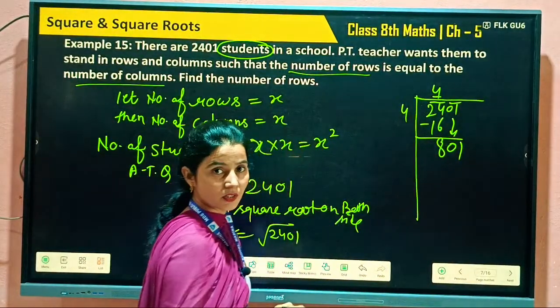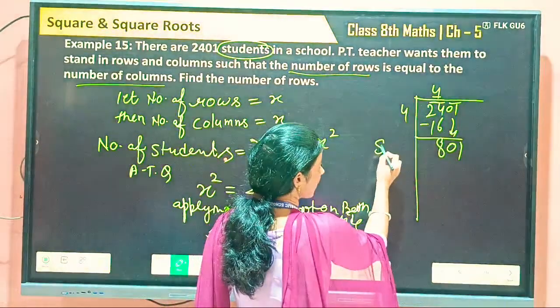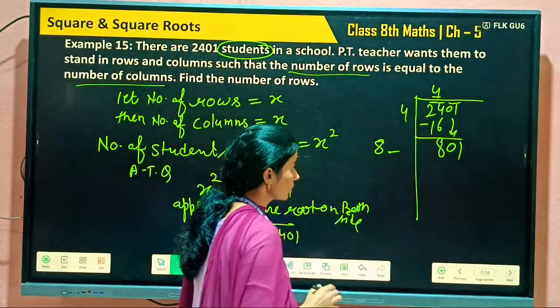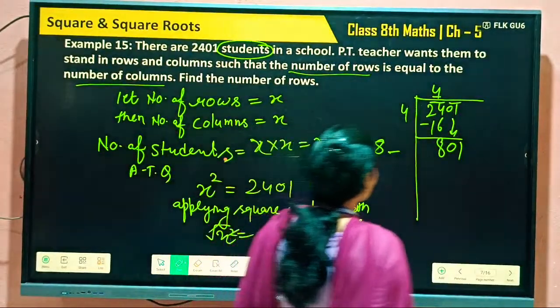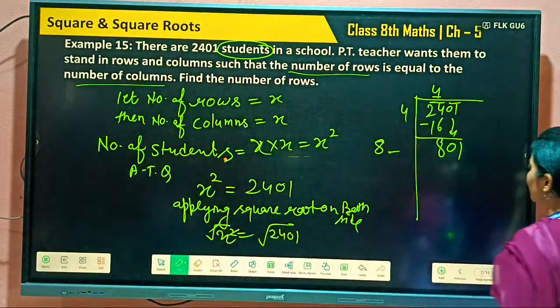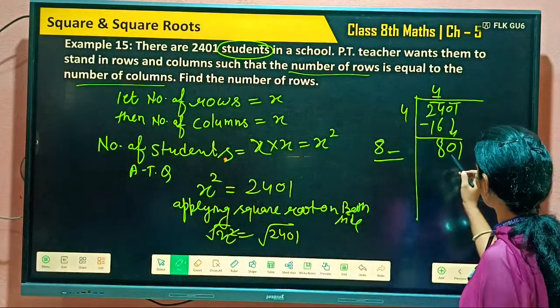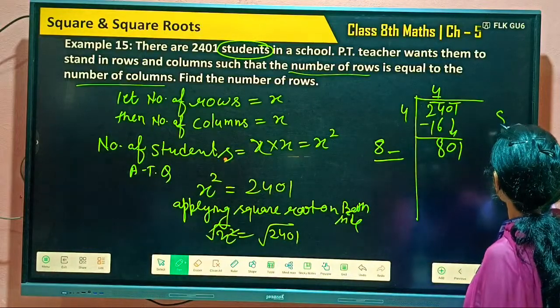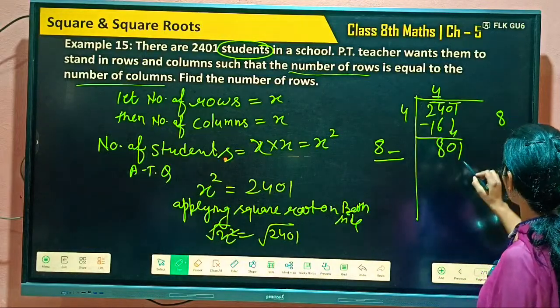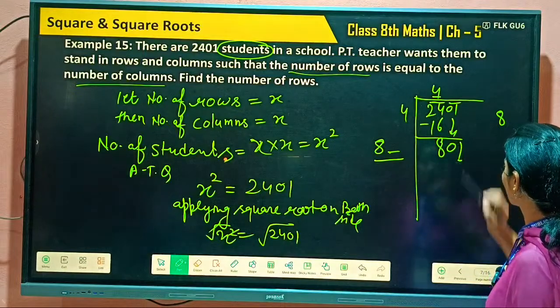Double of this digit will be 8. We have to take double of the quotient and write it, leaving one blank at the right of this digit. So now think of a number whose multiplication with this complete number is equal to 801 or less. What number can you consider, because the unit digit is 1?